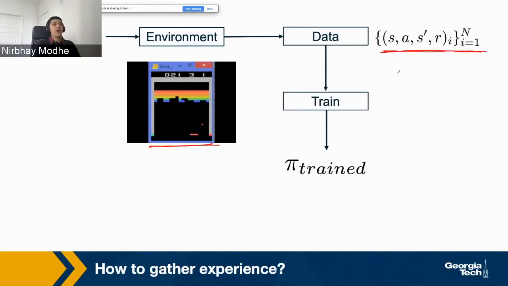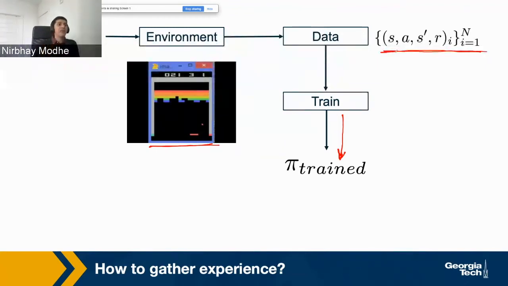Now, what will happen is that you want to use this data to train a policy. Let's call it pi trained. What will happen is that if your policy is random, it'll try to move the paddle in random directions, and only some of these data points will be such that the ball hits the paddle and actually hits another brick and gets positive reward. So out of this data, there'll be a few S, A, S prime, R examples which actually have positive reward.